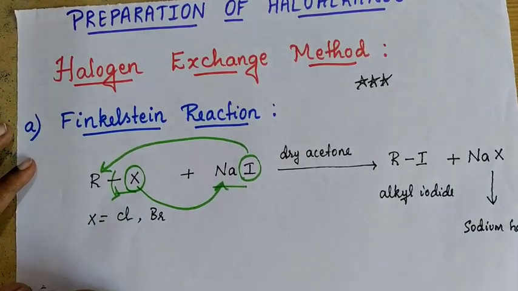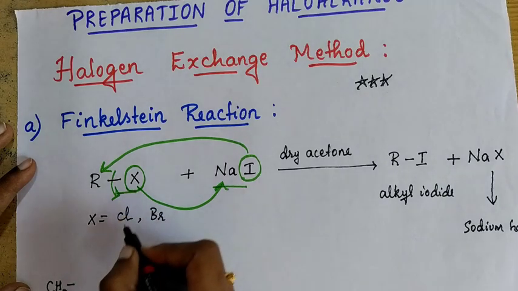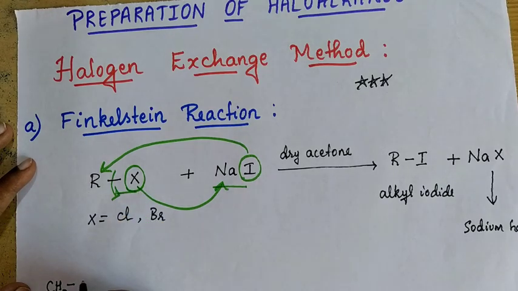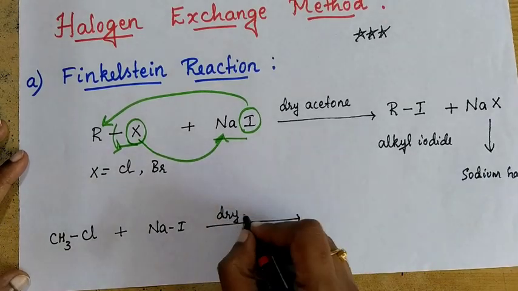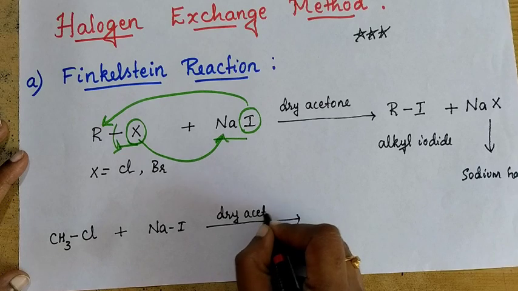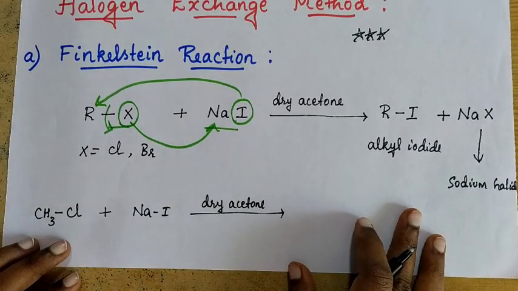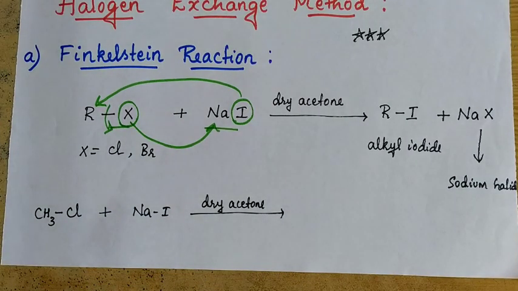When you consider CH3 in place of R, and Cl in place of X, it will be CH3Cl plus NaI, sodium iodide, in the presence of dry acetone. As I said, halogen exchange is going to take place.